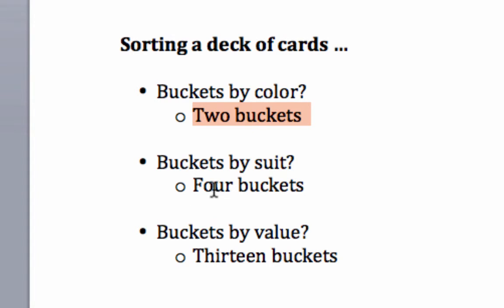So my next approach is to use the suit, and that will give me 4 buckets. And again, if you do the math with a deck of cards, that means that every bucket is going to have 13 values. And that, again, may be a little bit too much for me to sort by hand or visually. So what do I do? I create 13 buckets based on the values.